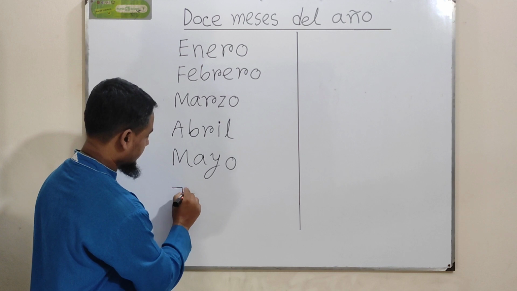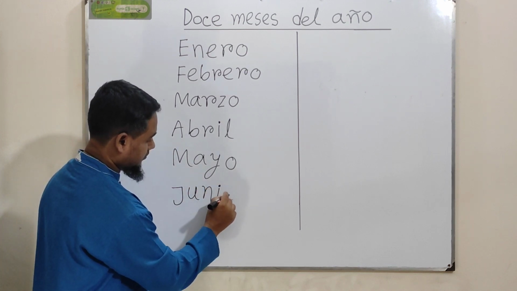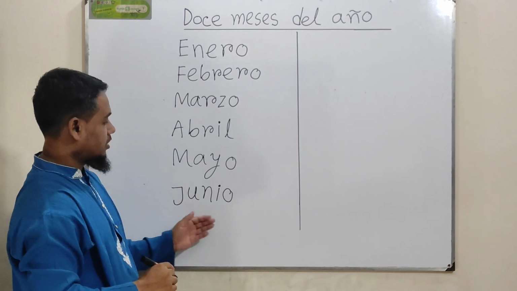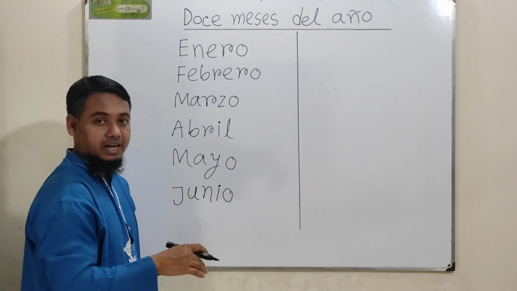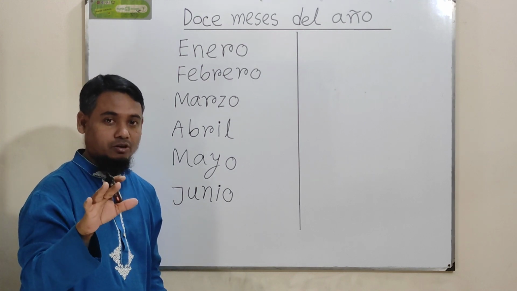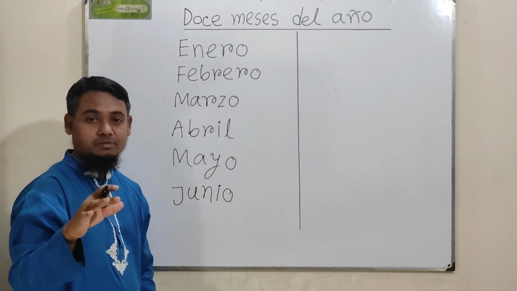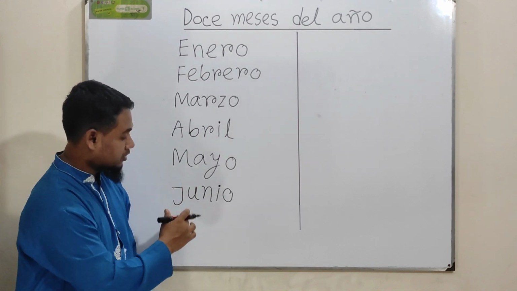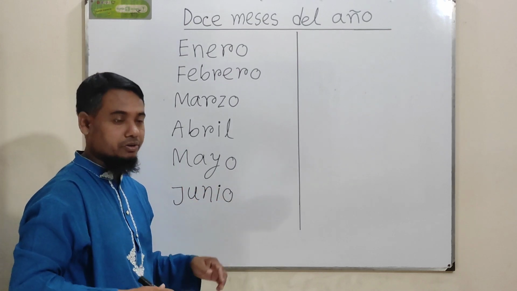Then Junio. Junio. This letter name is Jota and it will be pronounced like Ja. Ja, not J. In English it is J, but in Spanish it is Jota and it will be pronounced like Ja. So Junio. Junio.